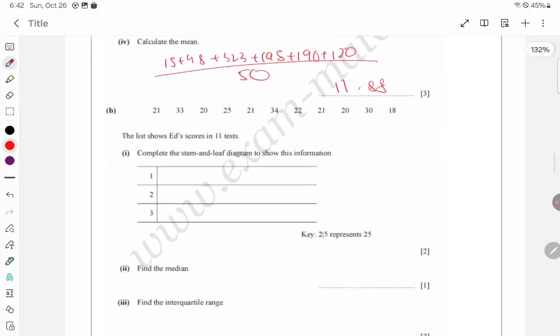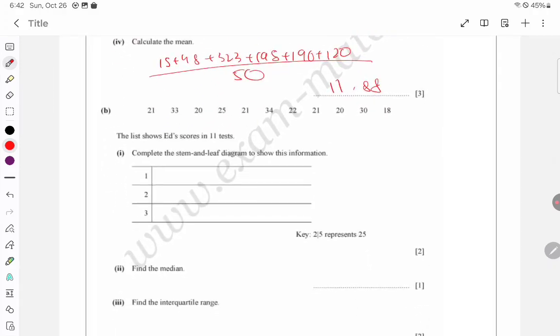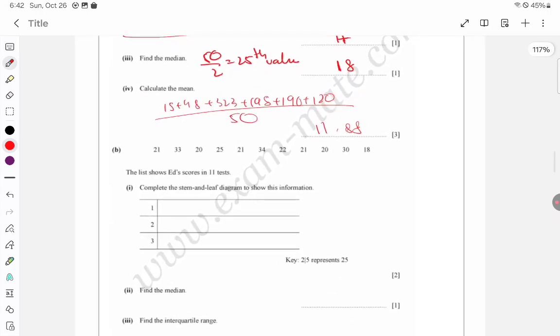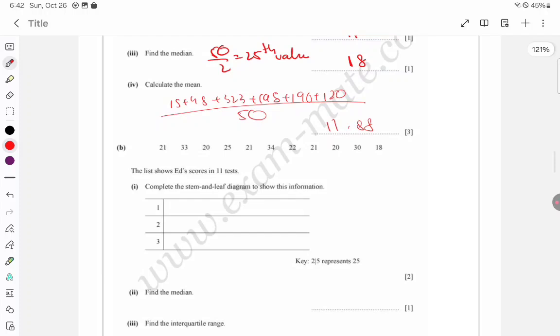Now for the B part, again arrange from higher to lower. In order to get it arranged, 18, 20, 20 again, 21 again, 21 again, 21 for the third time, 22, 25, 30, 33, 34.